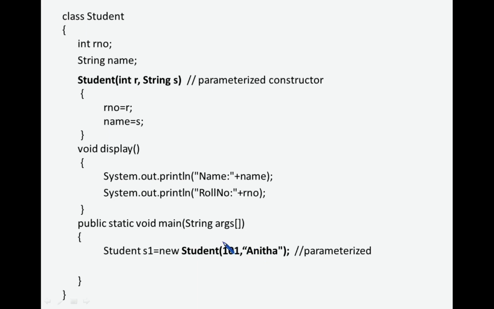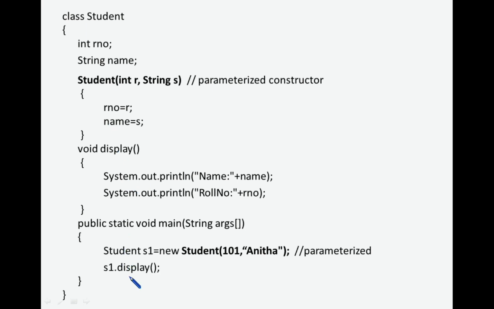Now this one will be assigned to this variable RNO, whereas Anita, the value will be assigned to this variable name. Now we no need to invoke the constructor, which is invoked automatically while compiling this particular line. Now we are going to invoke which method? Display.